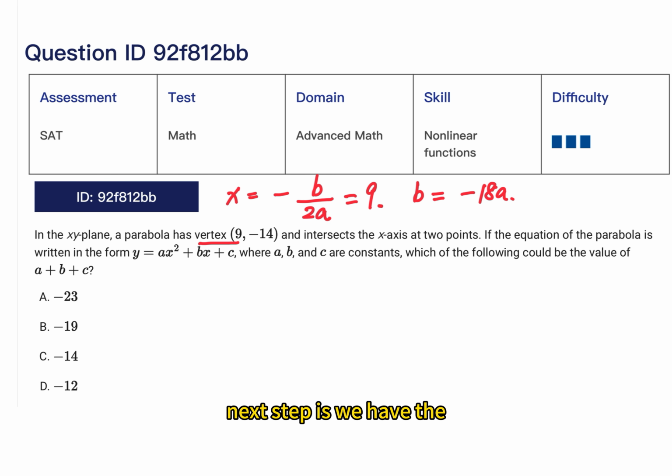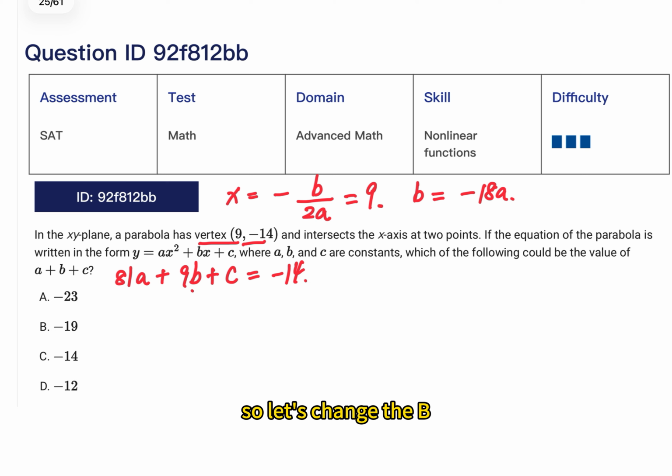Next step is we have the point here, so let's plug it into the formula: 9² is 81, so 81a + 9b + c = -14.